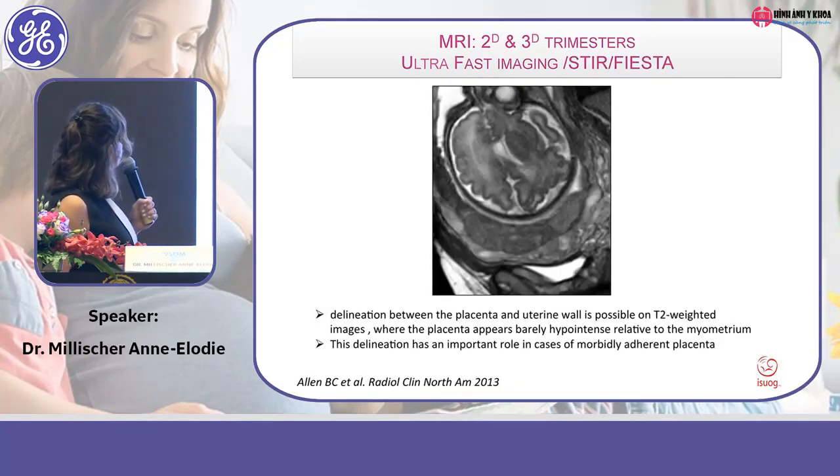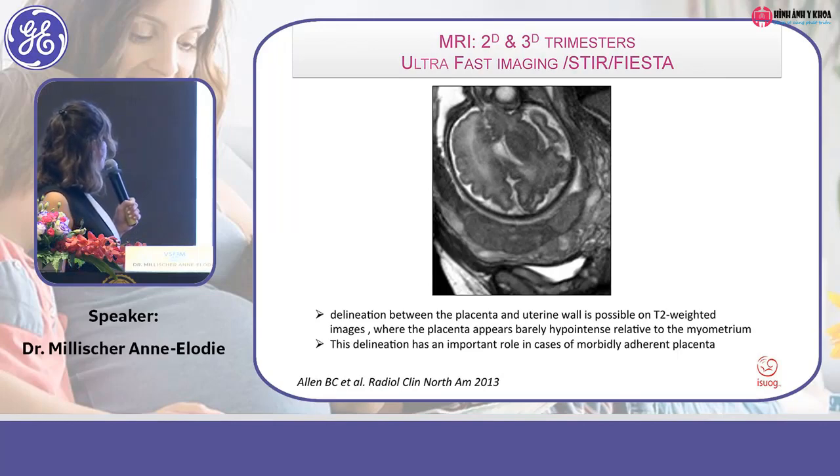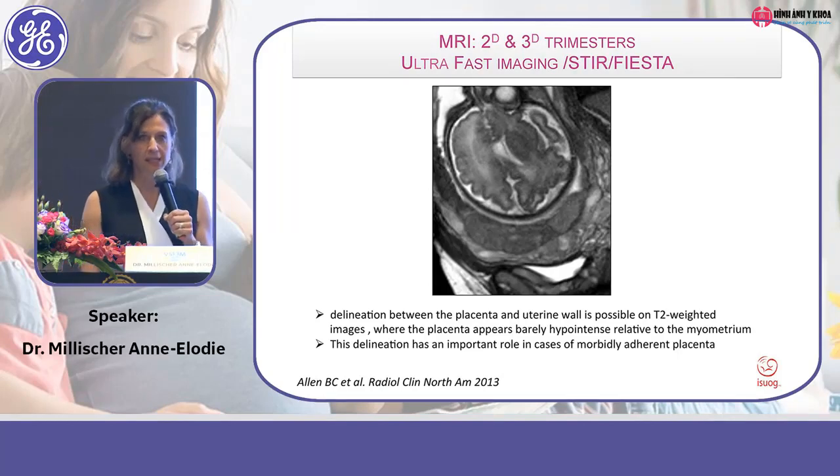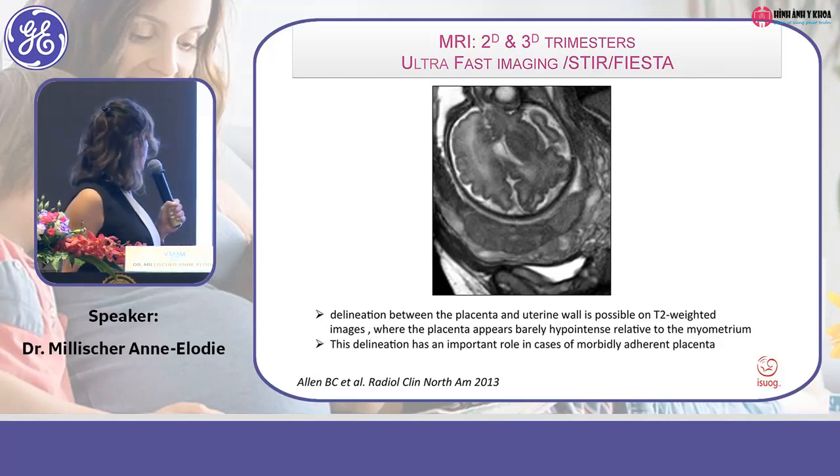So we were proposed to assess the morphology, the placental thickness, the echogenicity, of course the location, the cord origin, and the most important thing is to prevent an abnormal placental adherence.